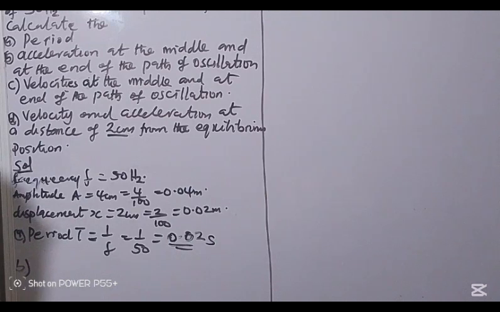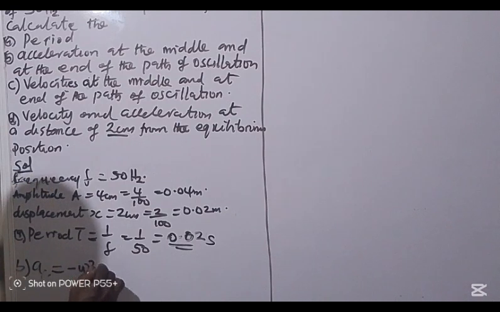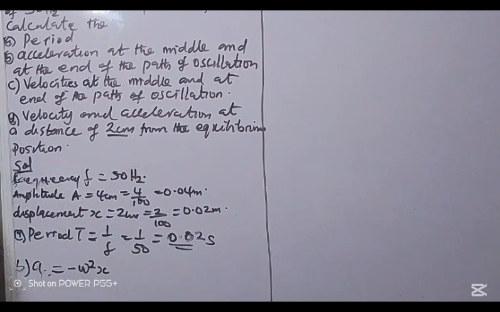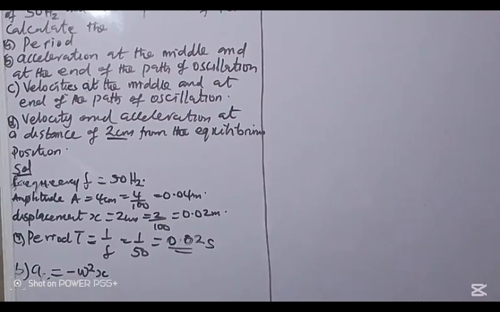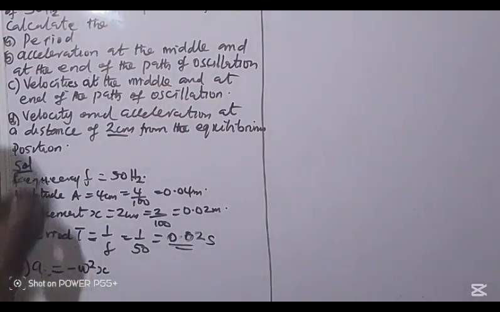Then B, part of the question, asks us to calculate the acceleration at the middle and at the end part of the oscillation. Note, acceleration is equal to minus omega square x. Let's call this one B1, acceleration at the middle.